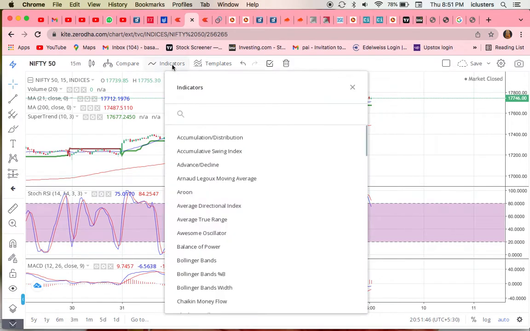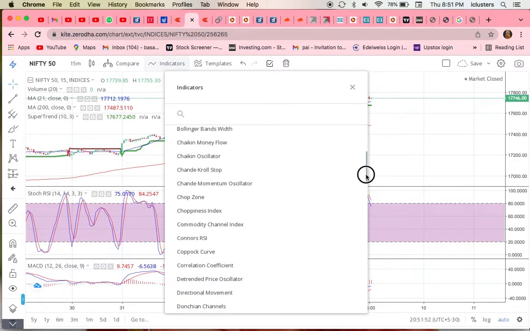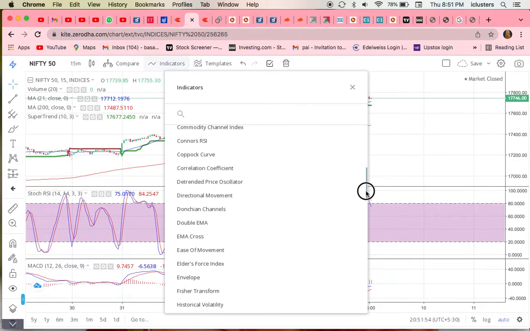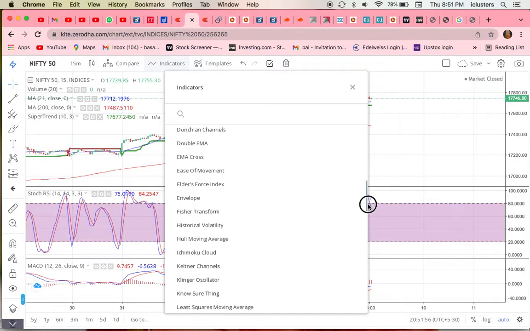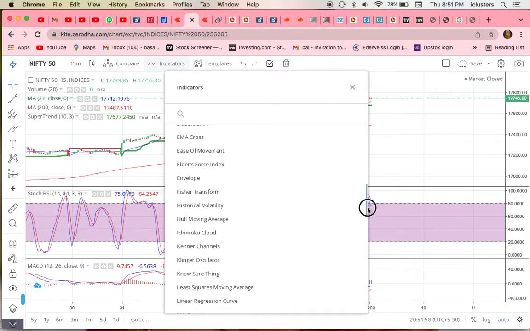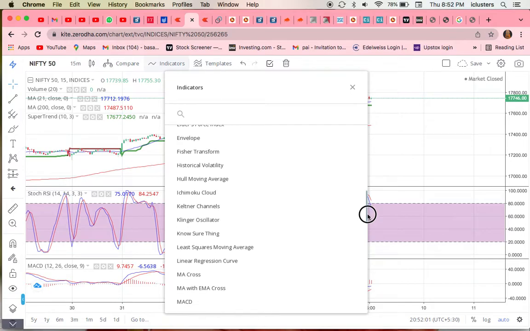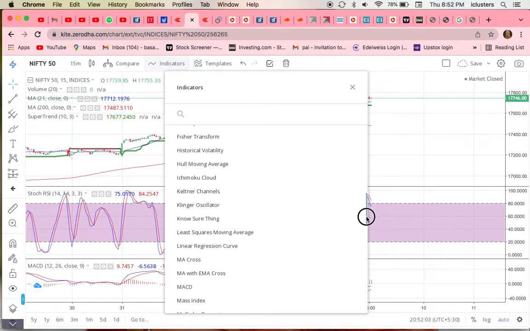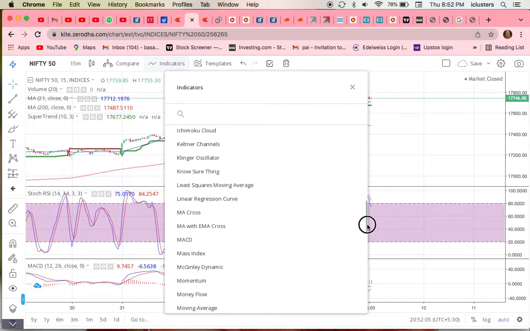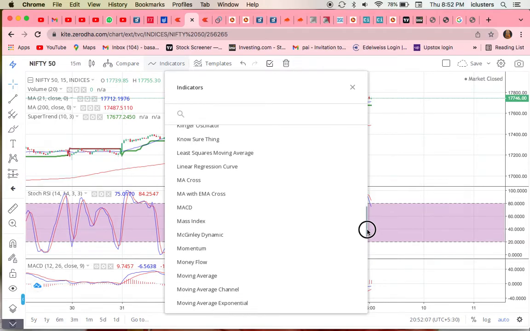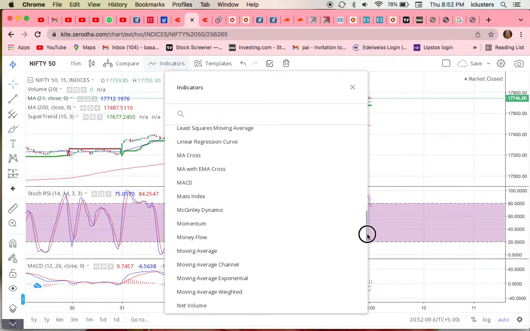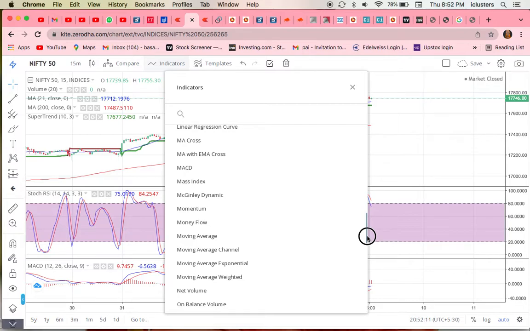And another indicator I will tell you. Most of the indicators are there, but it is a little bit confusing. All those indicators work only after the price has moved, but if you need to predict, most of the time we will use moving averages.